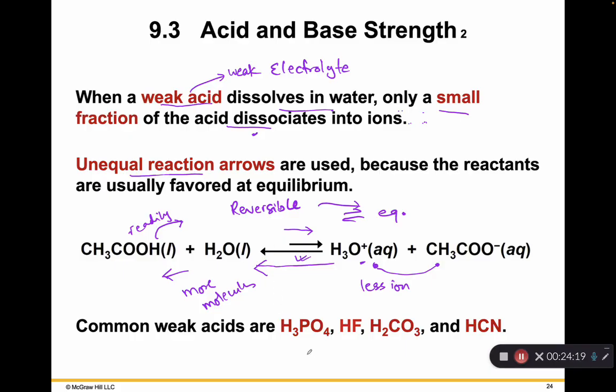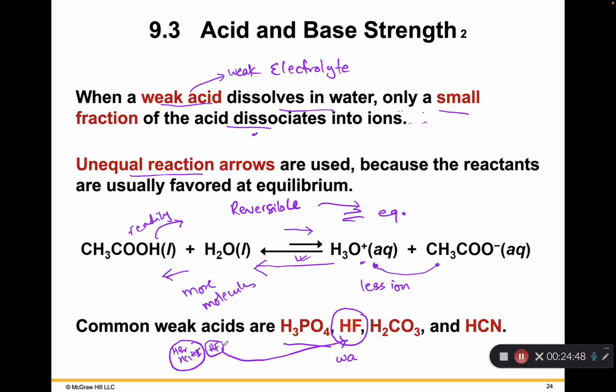Some common weak acids are phosphoric acid. The one that I would like students to remember is HF, hydrofluoric acid, which is a weak acid. All others in the same column like HBr, HCl, HI are strong acids, but their friend HF on the same column of the periodic table is a weak acid.